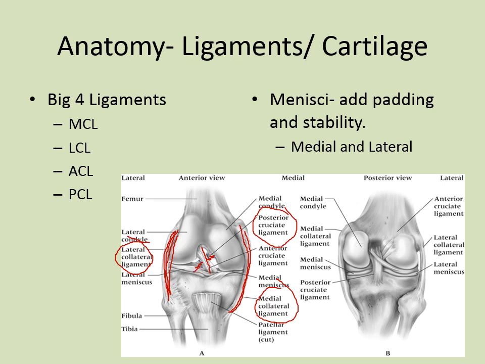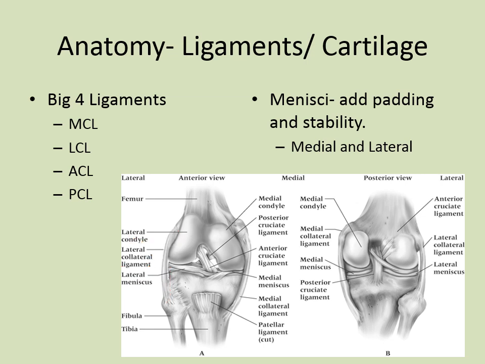So technically the PCL isn't necessarily all the way in the back of the knee, but it is behind the ACL. So all of these ligaments have C in the name, but the C's stand for different things. So those more superficial ligaments that are on the medial and lateral side of the knee, the C's stand for collateral.